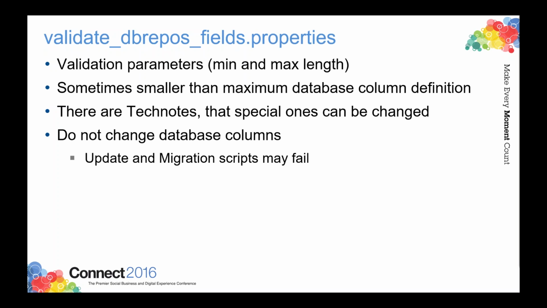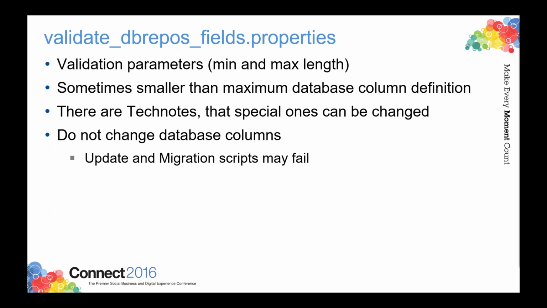Then we talked about validate DB repos. It's for validation of parameters, so you have a minimum and maximum length. Some values have a minimum, most have only maximum length parameters. And most of these values are smaller than the maximum column definition within the database. Not sure why.